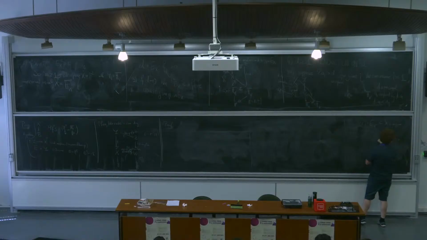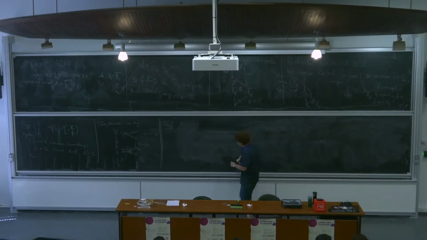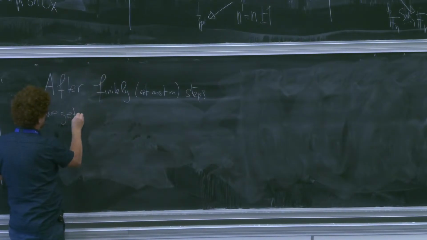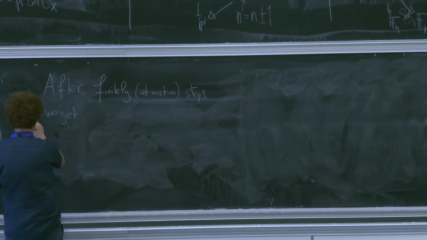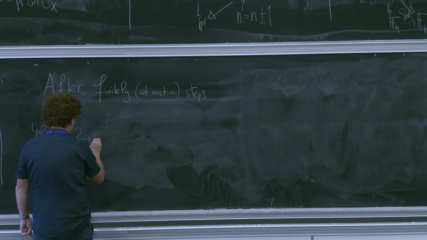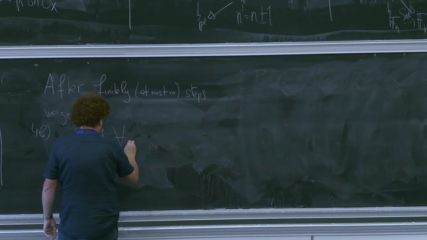So after at most m steps, we get for B: D A_i smaller or equal than D for all i.